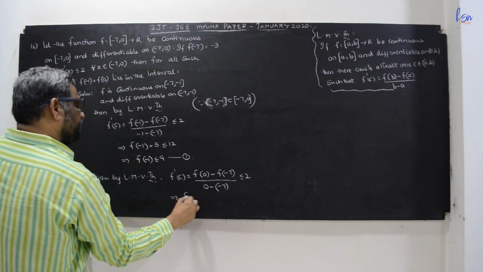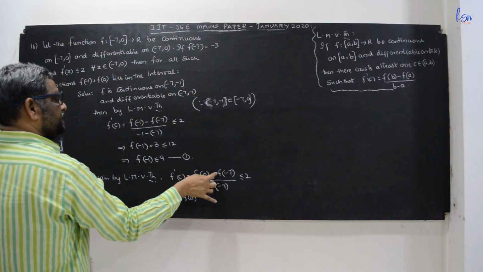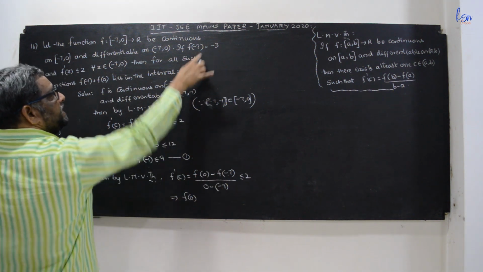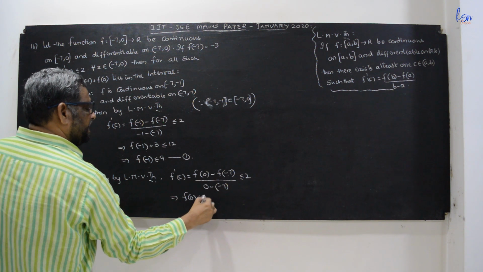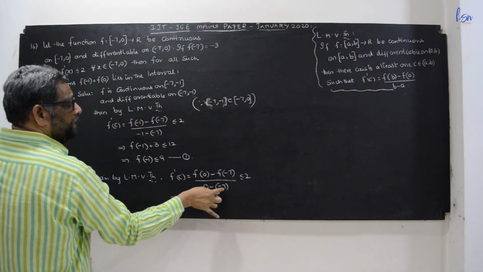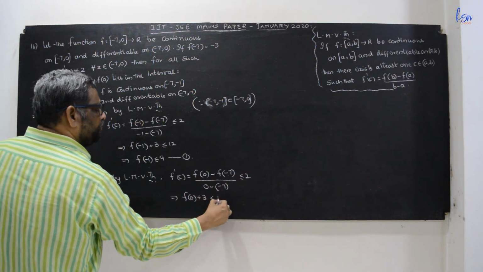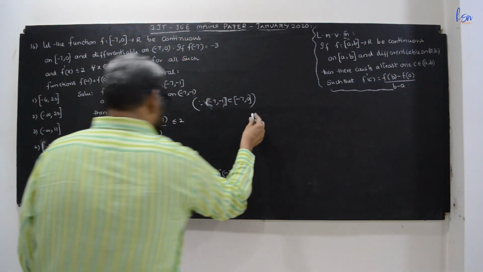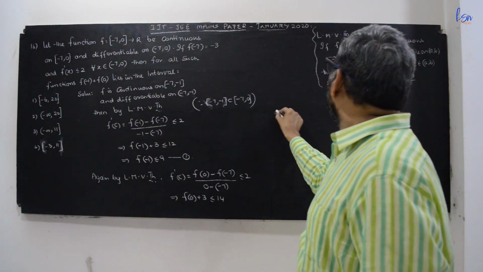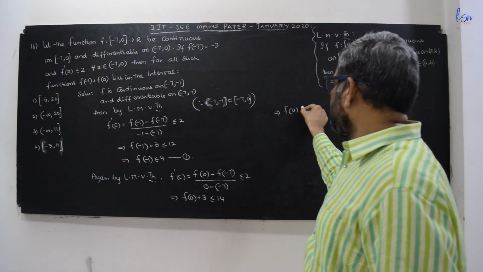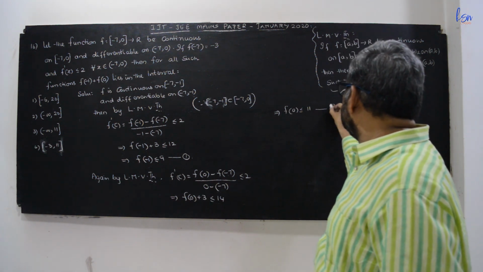So this is f of 0, and f of minus 7 is minus 3, so this is plus 3, and 0 plus 7 is 7. 7 less than or equal to 14 implies f of 0 is less than or equal to 11. You can call this the second one.